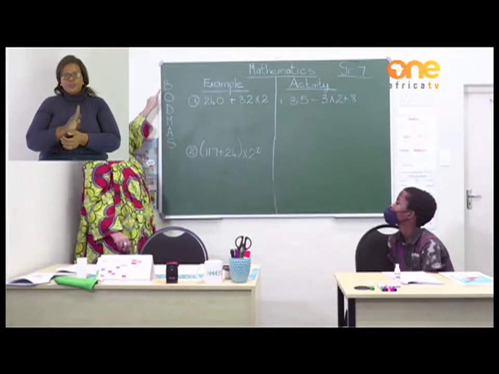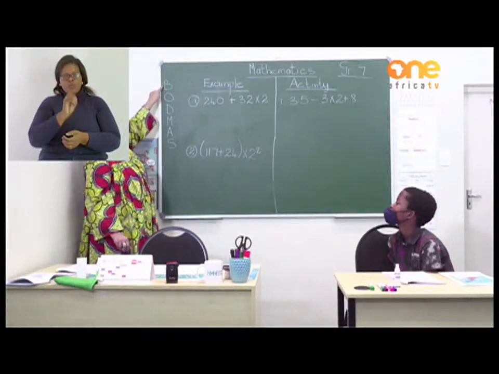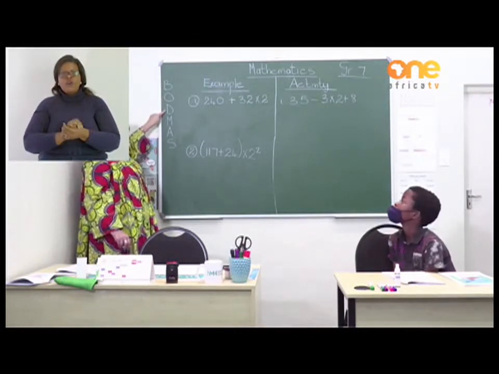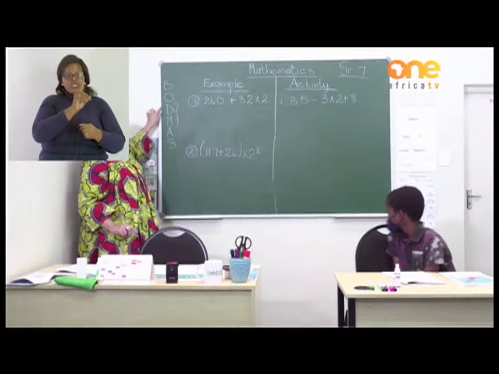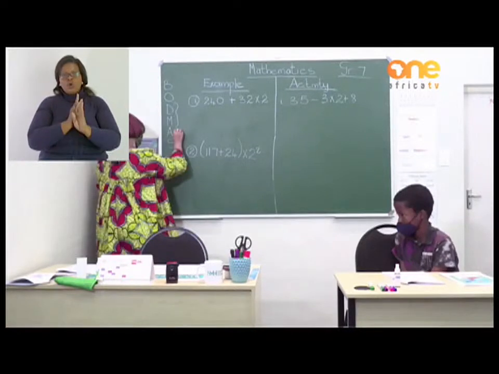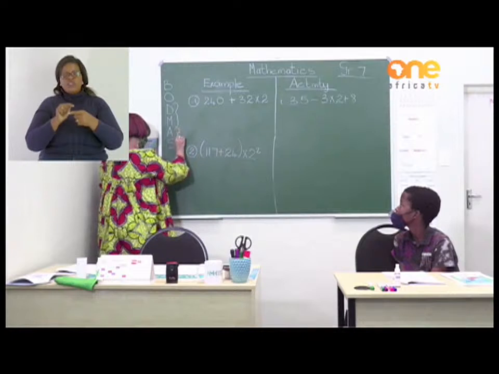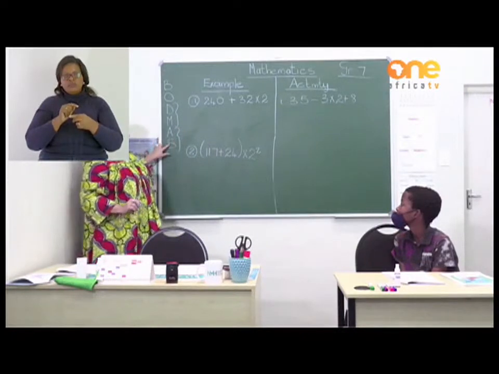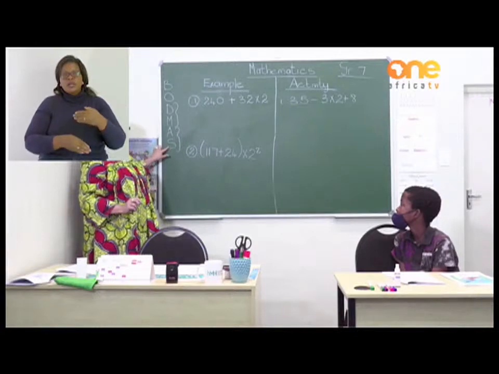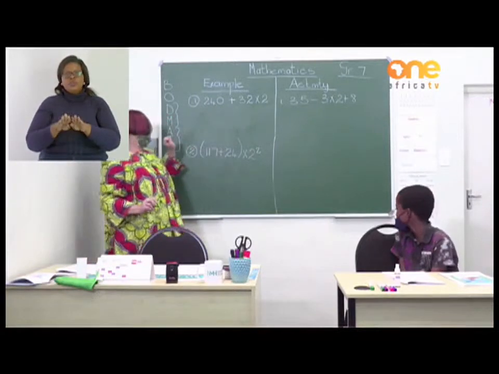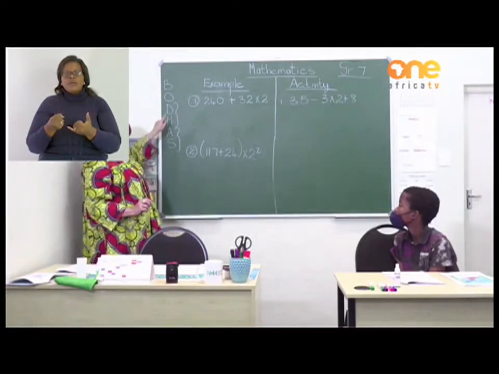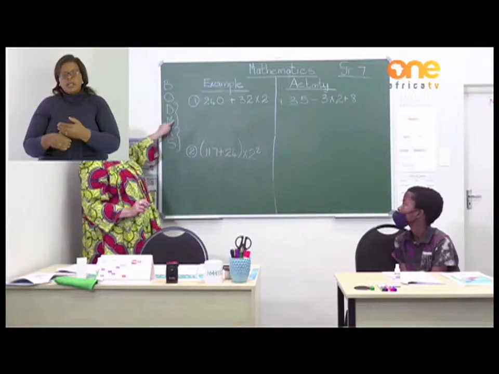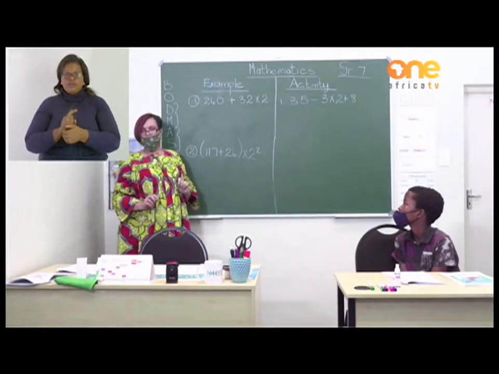According to BODMAS, remember, O for of, D and M in order from left to right, division and multiplication, as well as addition and subtraction works from left to right. In this sum, I have addition and multiplication. So what will we do first? According to BODMAS, multiplication will be done first.